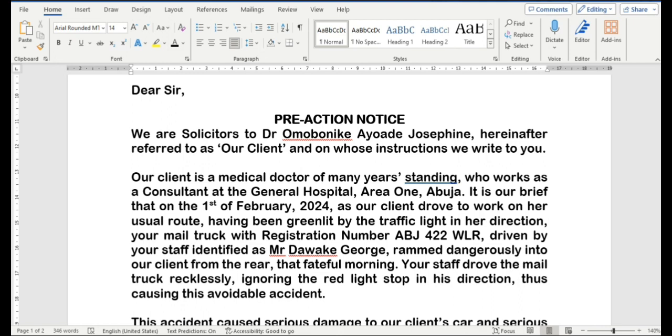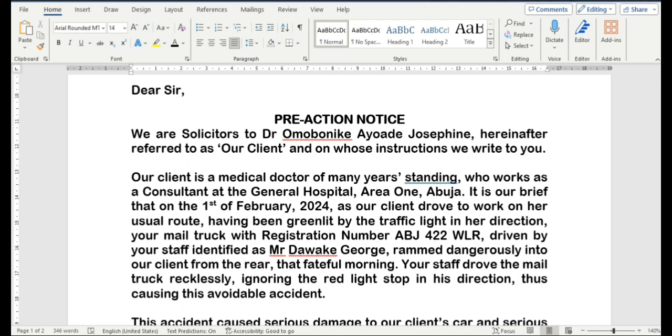Not to mention the implications and expenses of not being able to work or care for our family since the incidents. All efforts to reach your company for any fruitful dialogue around this issue has proved abortive. Our client is therefore prepared to institute legal action for negligence against your company.